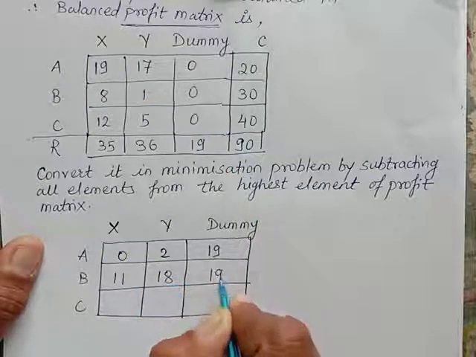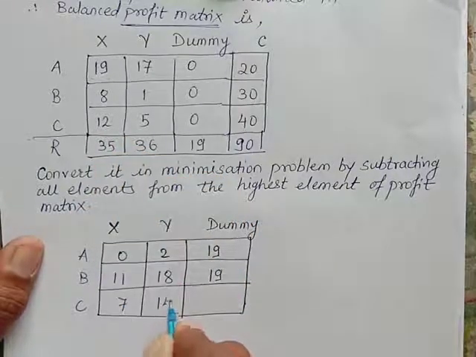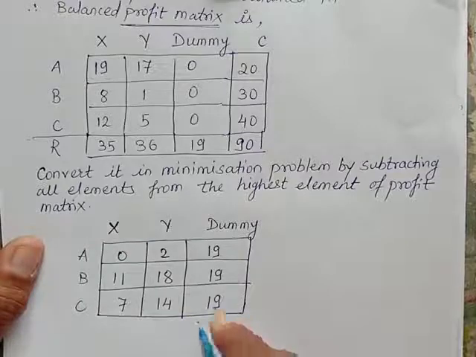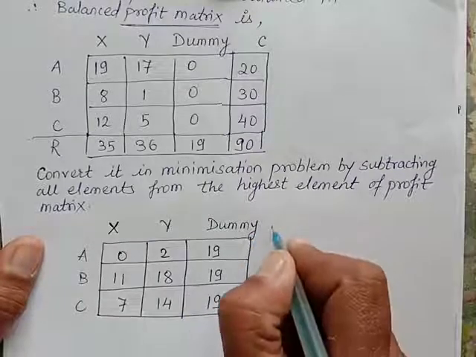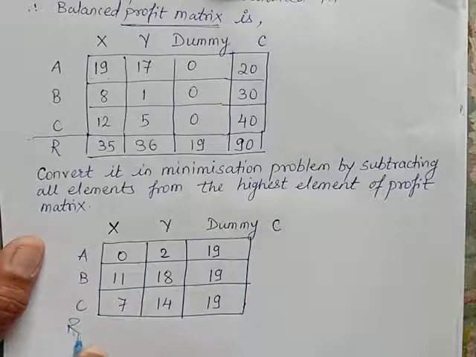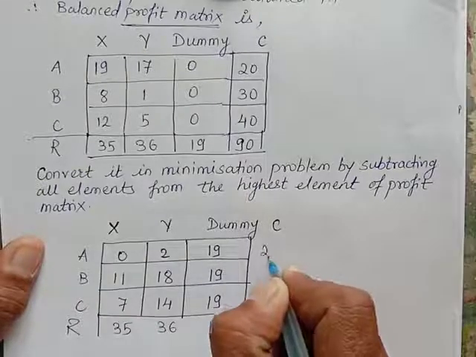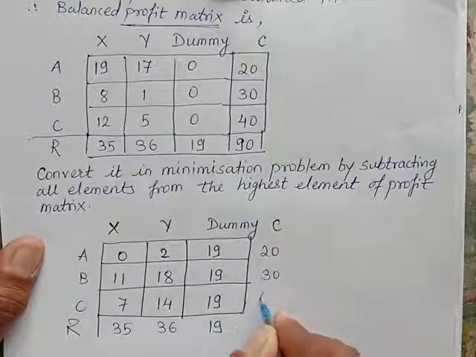Here again 19. Here it will be 7. Here 14 and again 19. And the supply and demand remain the same. That is, the capacity and the requirement remain the same. It is 35, 36 and 19. Here 20, 30 and 40.